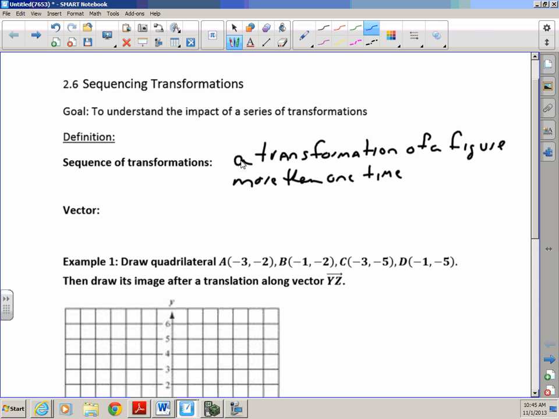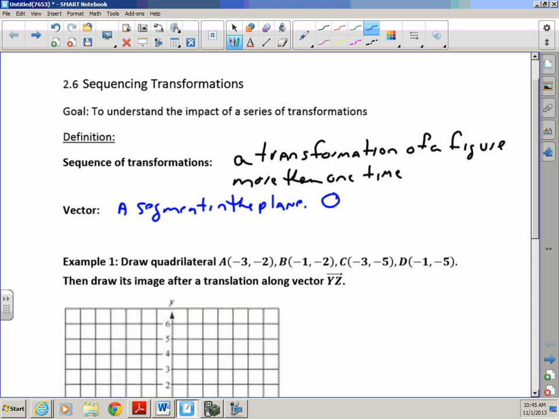Now, you might recall that we talked earlier in this unit about vectors. And first, before getting into the sequencing, what I want to do is to show you how vectors can be used for translations. A vector is a segment in the plane, meaning the coordinate plane, 2 dimensions.